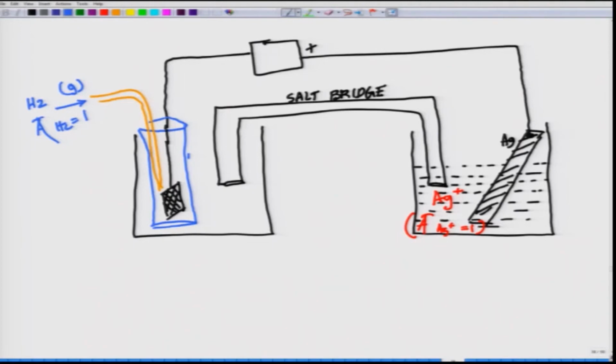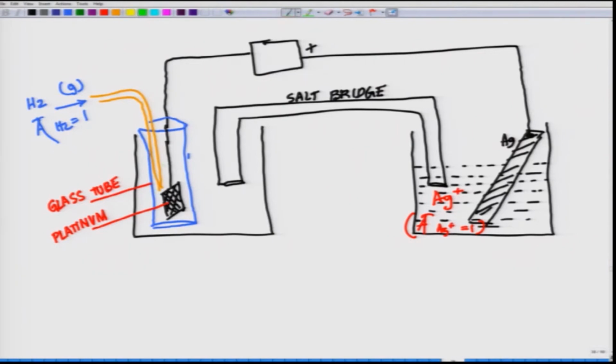So, you have a glass tube, platinum, and bubbling of hydrogen happening out here.